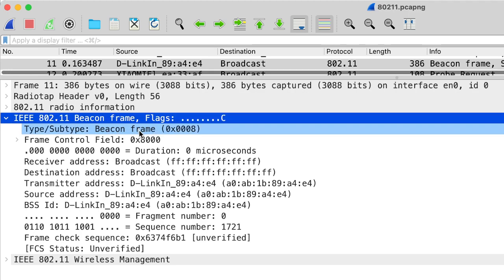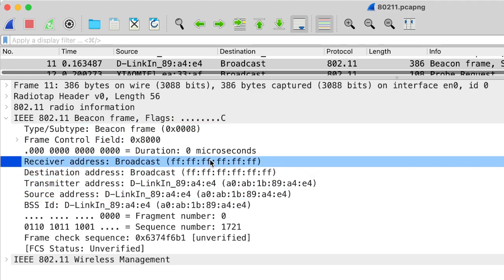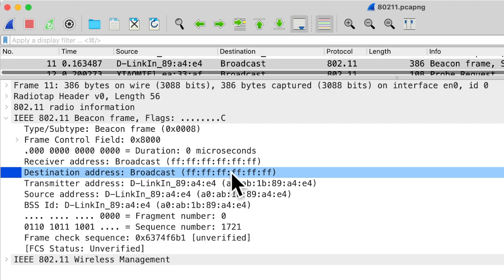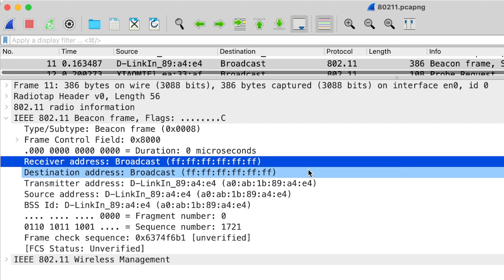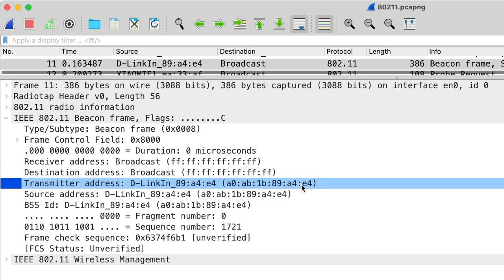Also, the beacon has some other information, because the beacon frame is broadcast in the channel, so everyone can receive such information. So the receiver, the destination address, is all FFFF. The transmitter right here is the Wi-Fi MAC address of the access point, A0, AB, blah blah blah blah.